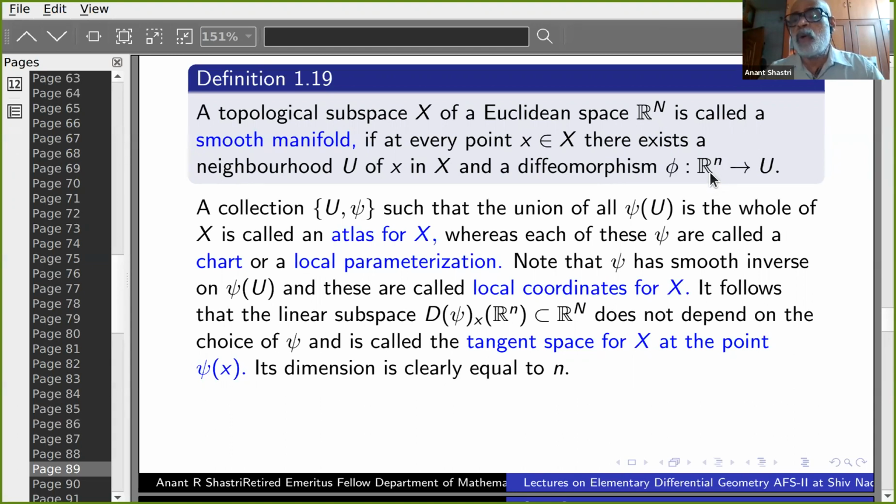It can be any open subset of Rn. Especially you can just take open disks, because open disks are homeomorphic to the whole of Rn. Even diffeomorphic, and even open rectangles, open boxes, are also diffeomorphic to the whole of Rn. So there is plenty of choice here, but all that choice you need not put in the definition.